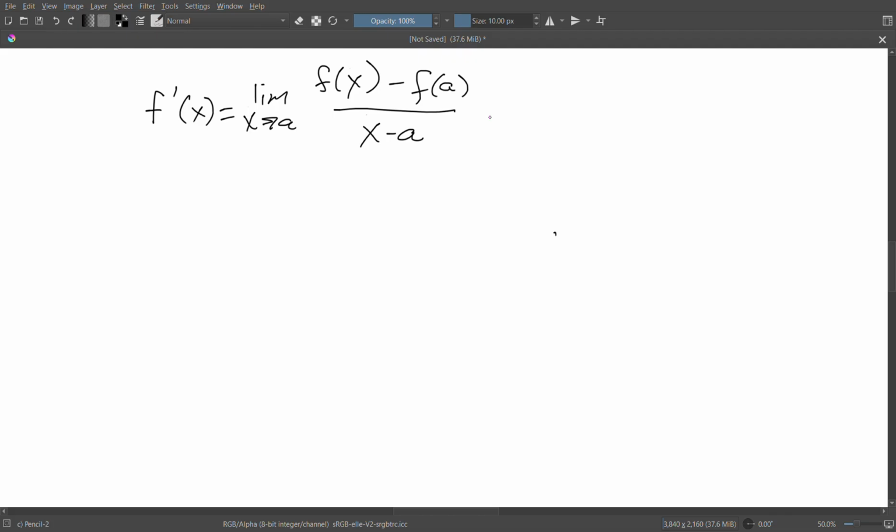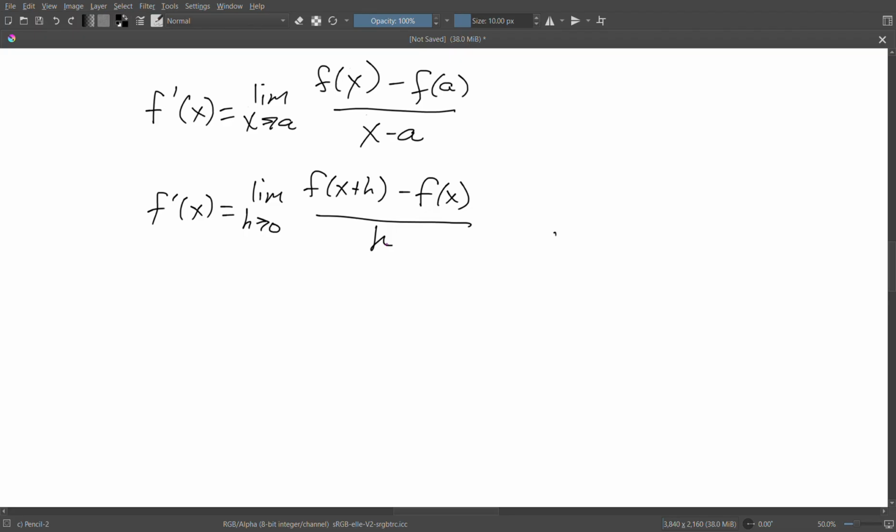This is the formal definition of a derivative, and then we can write it equivalently as saying f prime of x is equal to the limit as h goes to 0 of f of x plus h minus f of x all over, it would be x plus h minus x, which is just going to simplify to h. So then let me convince you that these two things are the same thing.